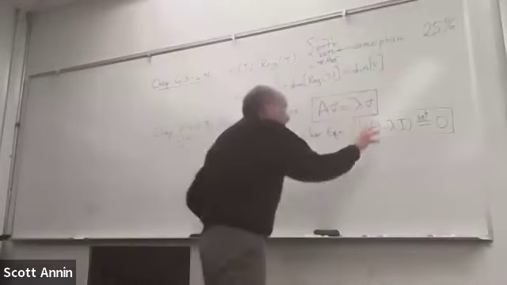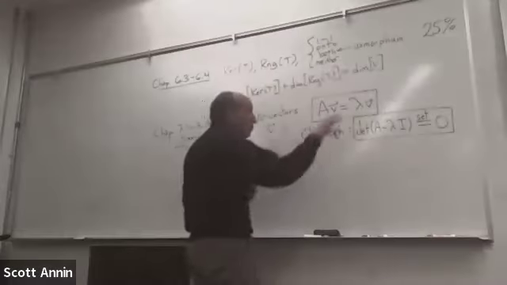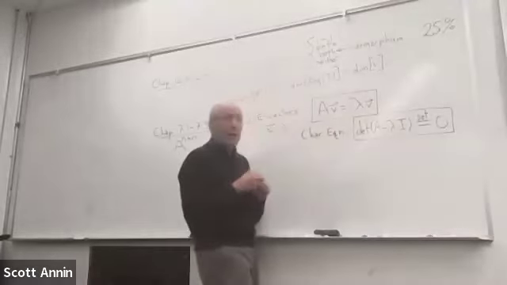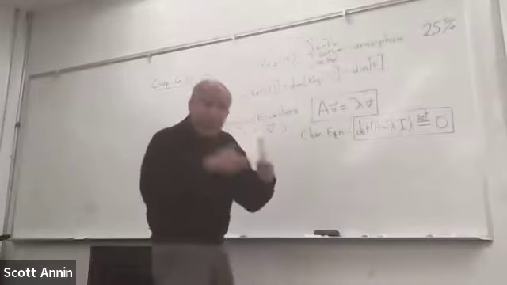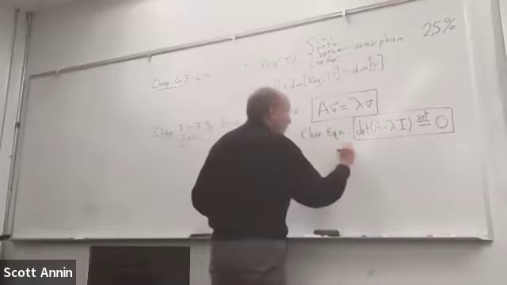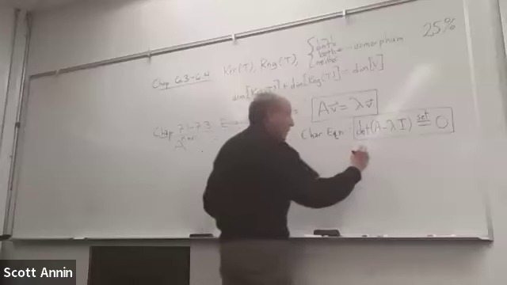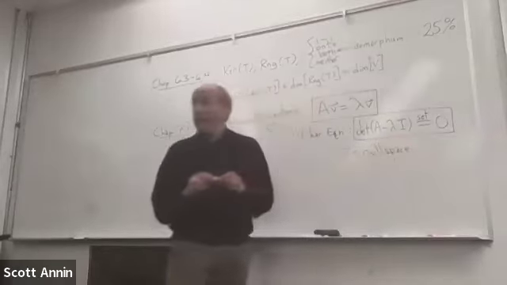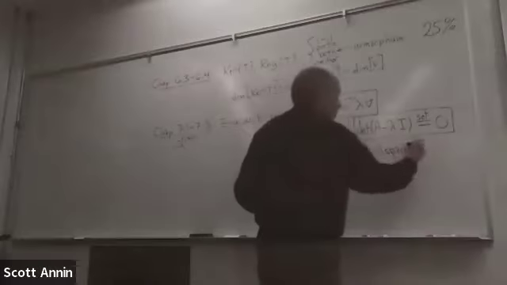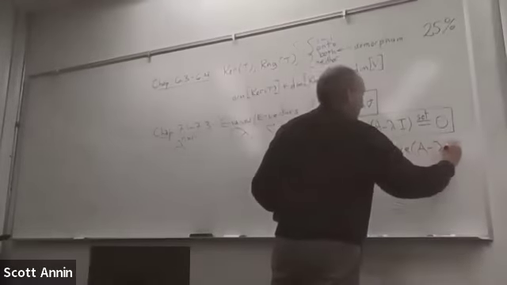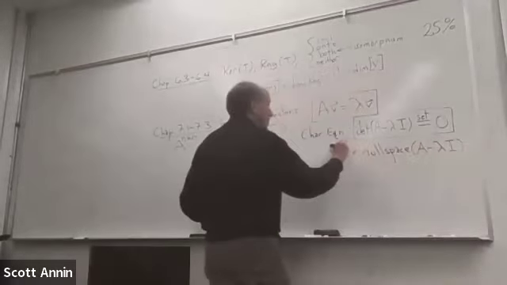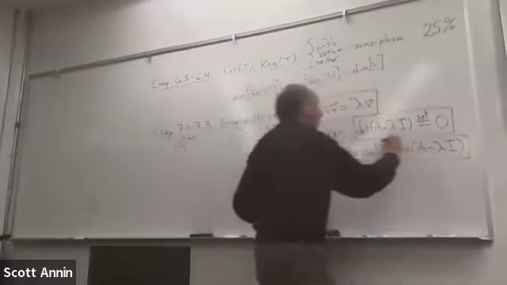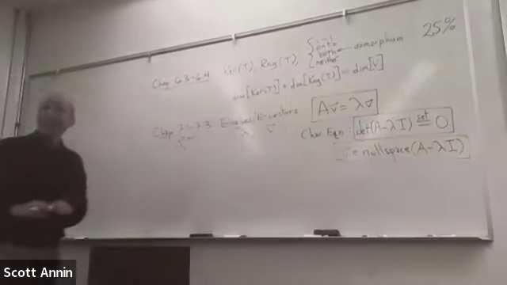So we find those eigenvalues using the characteristic equation. And then the corresponding eigenvectors, which are the v vectors, right? These are going to come from looking at the null space of the quantity A minus lambda I. So this goes right along with the characteristic equation.